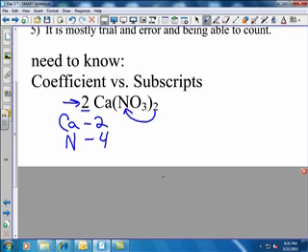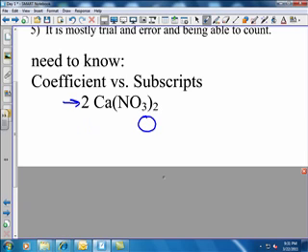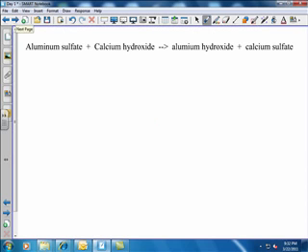And then if I ask you how many oxygens there are, okay, that answer would be 12. And those 3 numbers were including that 2 in the front. Okay, so let's actually get into balancing.